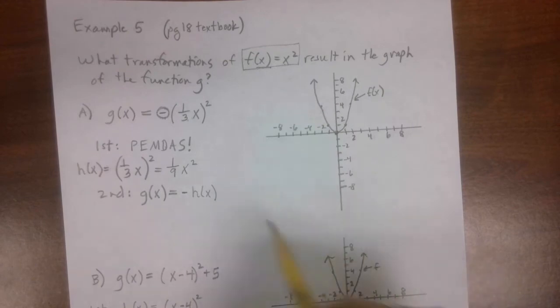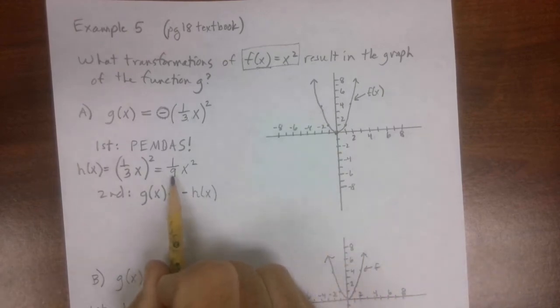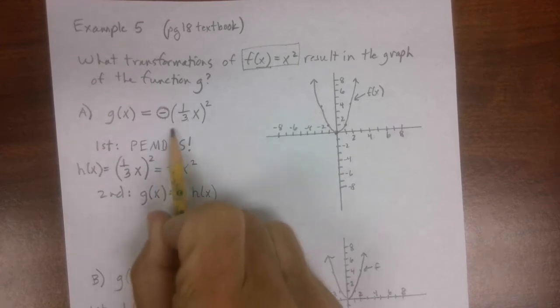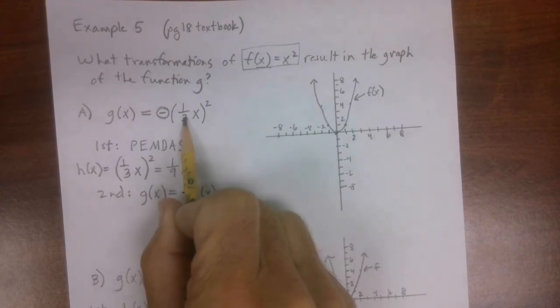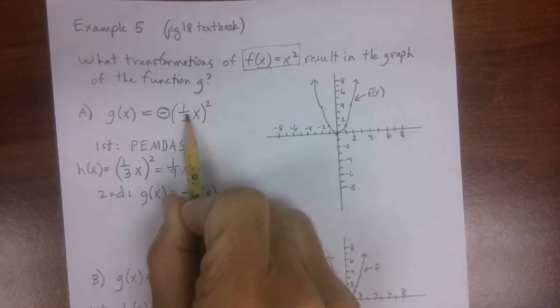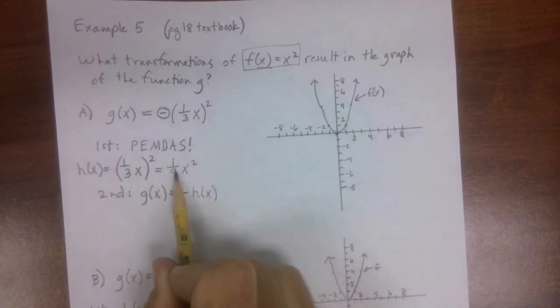So the book says, if you read the instructions in it, and I could be wrong, I'm not afraid to be challenged, but the book says that it's been compressed by 1/3. They just take that 1/3 and say, hey, it's been compressed by 1/3. That's not true. If you square it, like you should, notice this is inside the parentheses, so we have a little math to do. This has actually been compressed by a factor of 1/9.